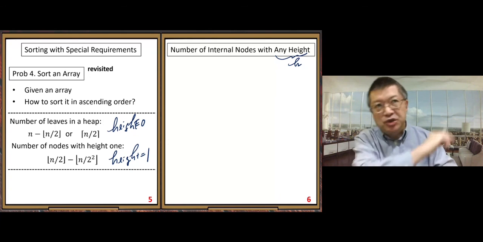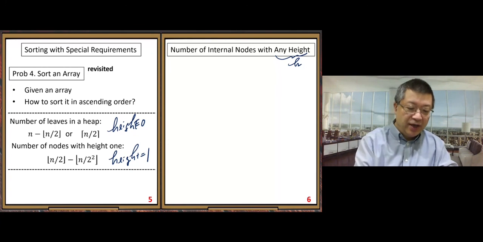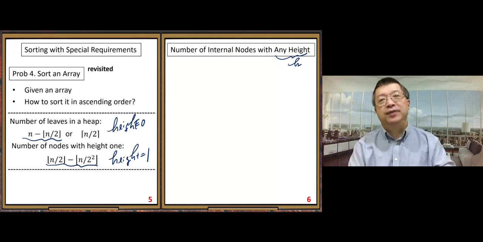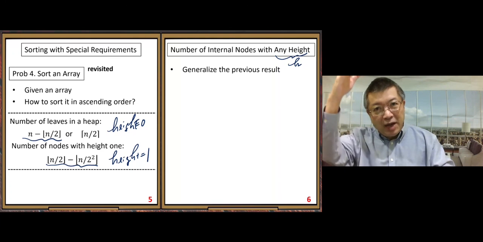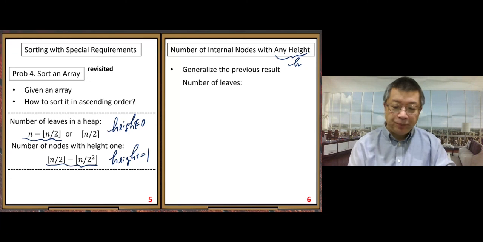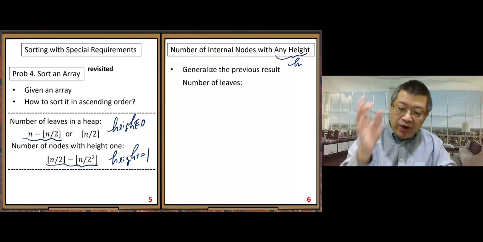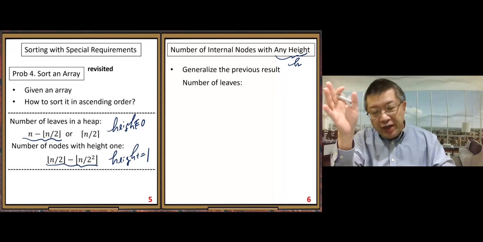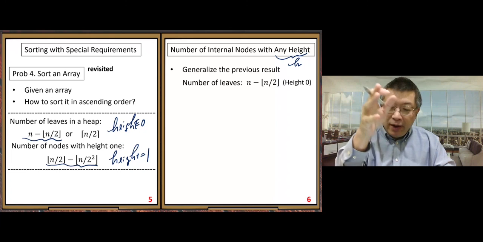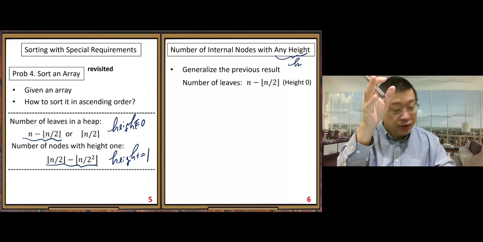You can get the idea from the format here. But let me go through the whole logical reasoning step. Generalize the previous result. Number of leaves in this way. Now, that's the height 0 case.